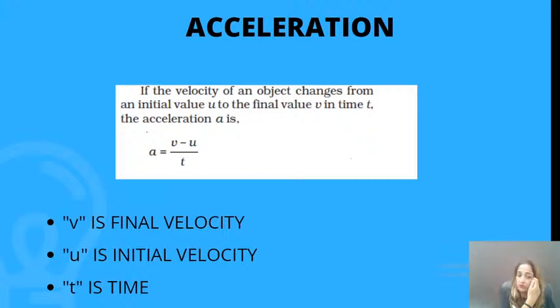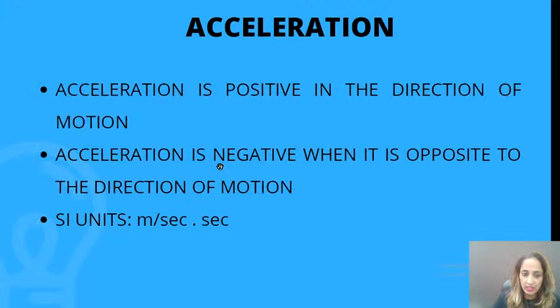And there is another time factor over here, which is another second. So we have meter per second per second, which will be meter per second square. That is the unit for acceleration.